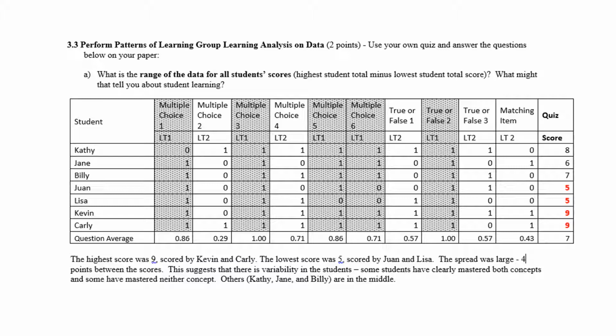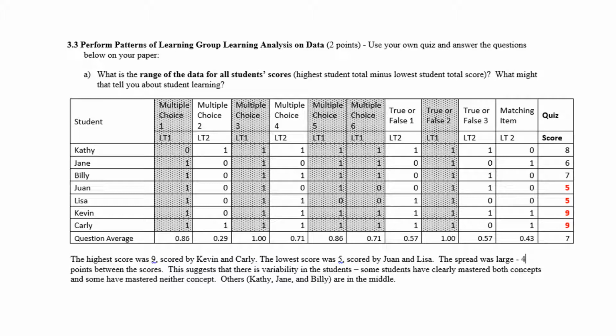The highest score was 9, and that was actually scored by two students, Kevin and Carly. Two of the students scored lowest, and that's Juan and Lisa, and that's 5. So our maximum score is 9, our minimum score is 5, and so the range, the spread was large, 4 points between the scores. So what does that tell us?